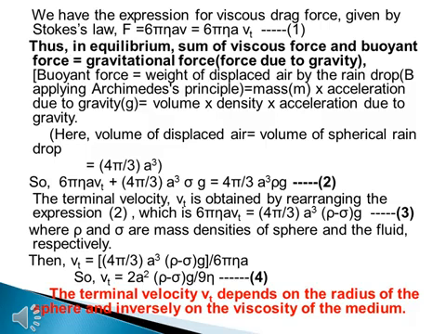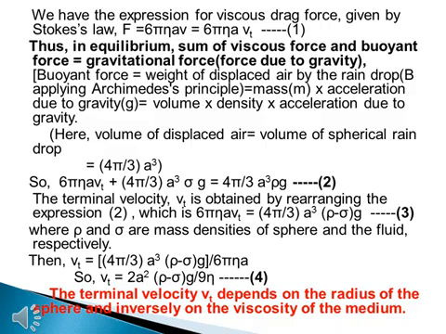Since the raindrop is completely immersed in the fluid air, the weight of the displaced air is equal to its mass m into acceleration due to gravity g. Since mass is equal to volume into density, the weight of the displaced air is equal to volume into density into acceleration due to gravity.